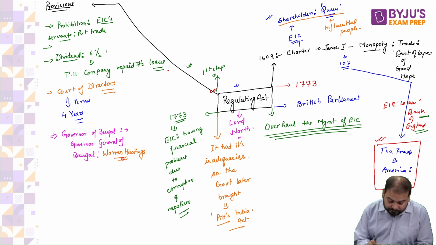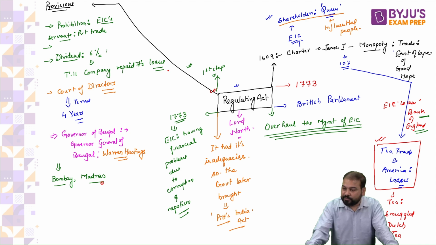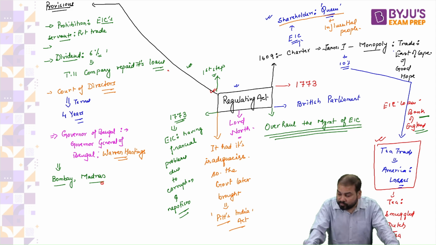Now, if you all remember, guys, at this moment the company was also there in Bombay and Madras. Do you remember this? We have studied Madras after the Anglo-Carnatic War and Bombay through the dowry given by the Portuguese.